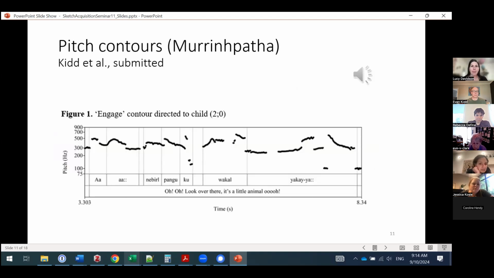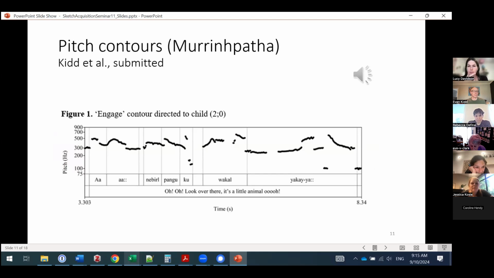So here's an example of what we call the engage contour. So that's an example to a 2-year-old. This contour we found is predominantly used with children up to around the age of 2. It's not exclusively used with very young children, but mostly.